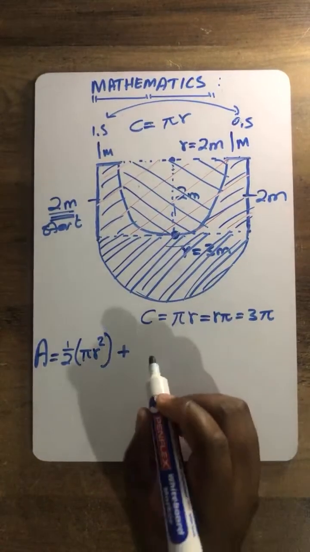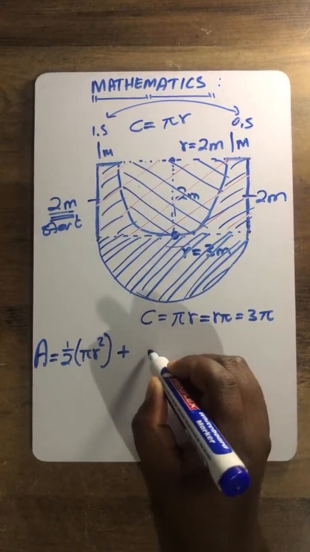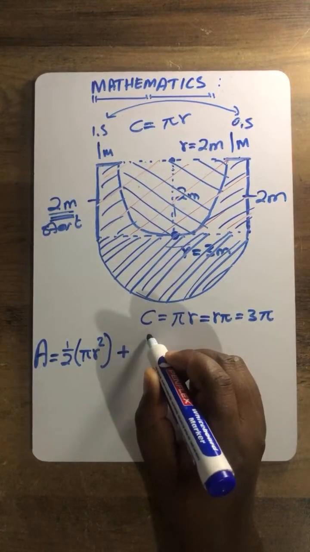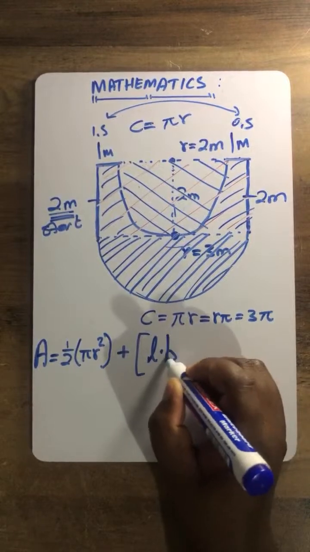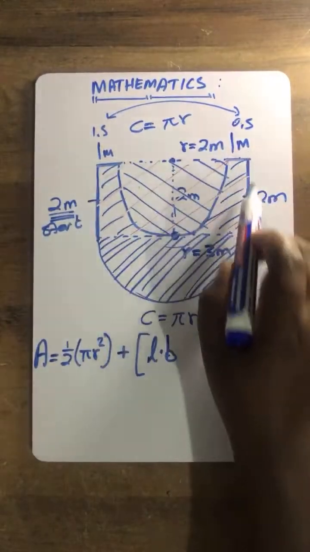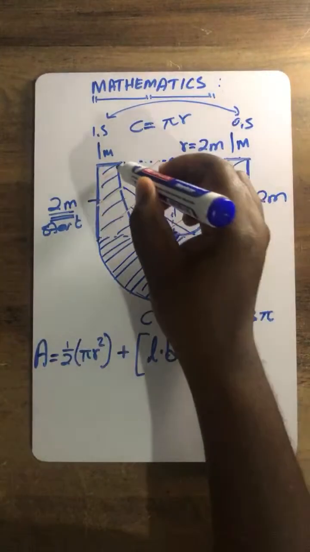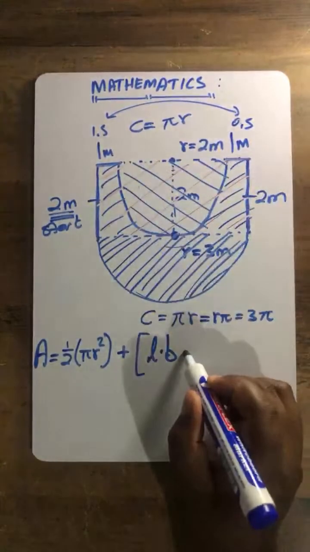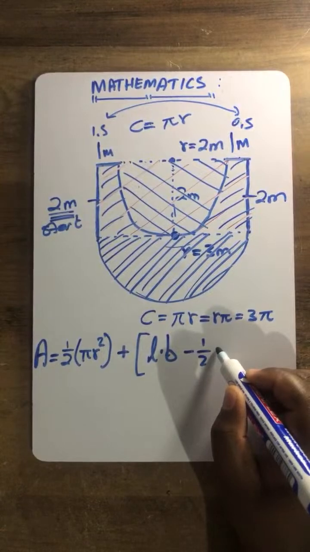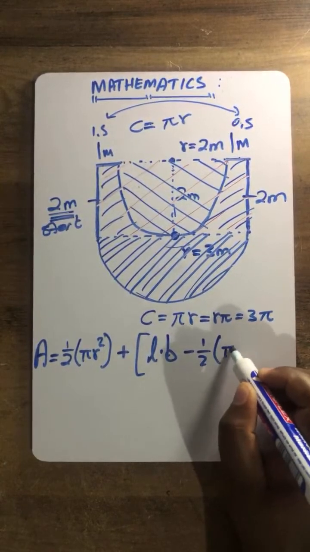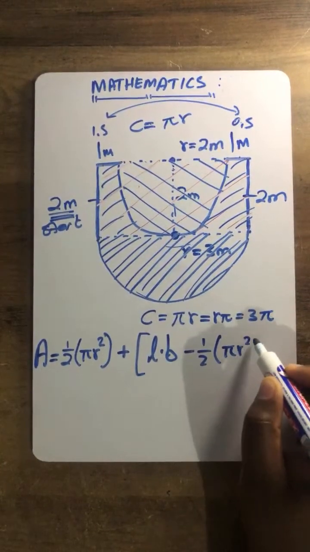Let me work it out. So it's like you're going to say length multiplied by breadth, meaning this total area. And then you're going to minus the area of that semicircle, pi r squared.